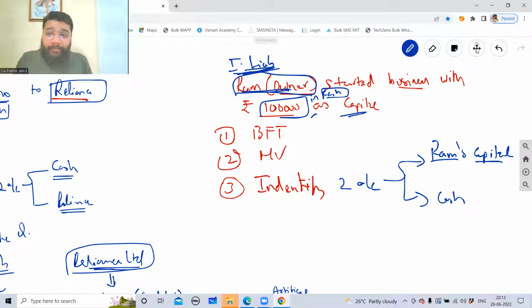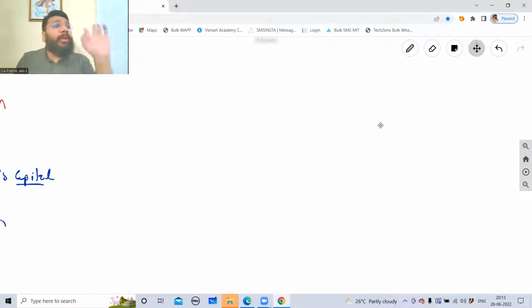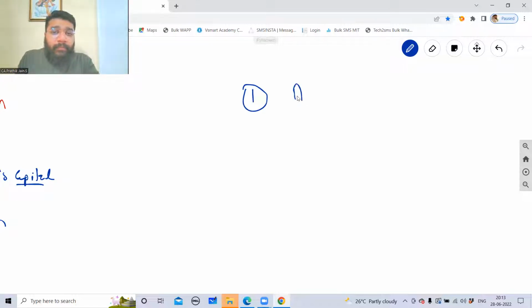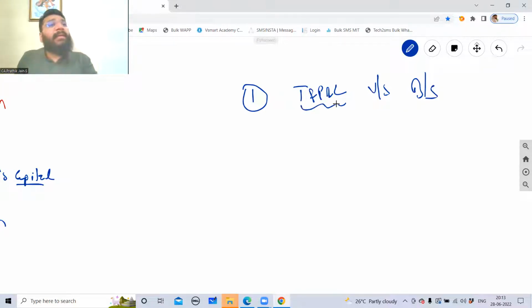Always remember, in a transaction you can have three permutations and combinations. One account will always be something pertaining to trading and P&L, and one will be balance sheet. Trading and P&L means income, expense, gain or loss. This could be one combination.